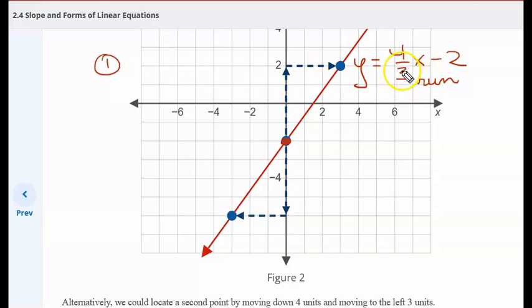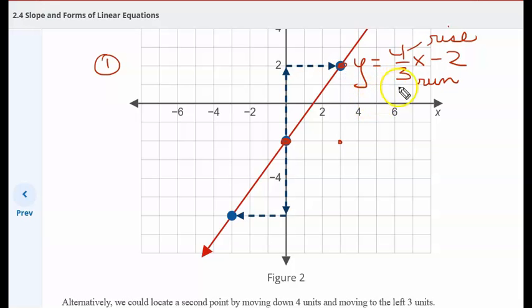That would be our denominator. Our numerator, remember, is the rise of the slope. So I would go over 3, 1, 2, 3, mentally put a dot there, and then do the rise of 4. 1, 2, 3, 4. This gives us another point.